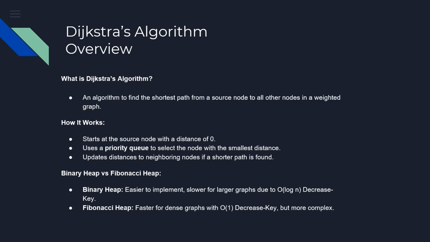When using binary heaps, the O(log n) decrease key operation can slow down the algorithm in larger graphs. However, when using Fibonacci heaps, the O(1) decrease key operation allows for faster execution in dense graphs.